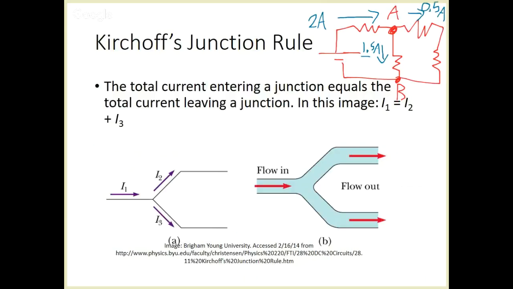And that would be the current that hits both of these resistors. Because once I figure out 0.5 amps are leaving junction A, that's the full current all the way around until I get to junction B, where my 0.5 amps and my 1.5 amps meet back up. So at junction B, I've got a total of 1.5 plus 0.5 coming in, and that means 2 amps exiting.